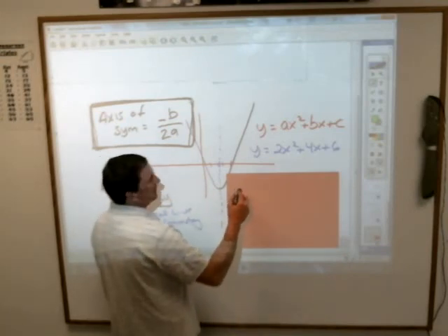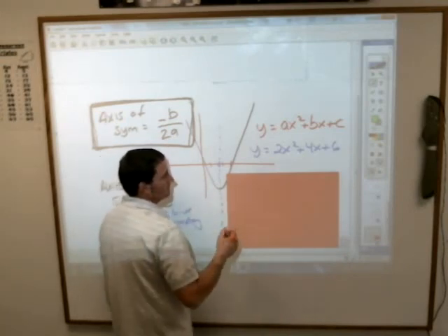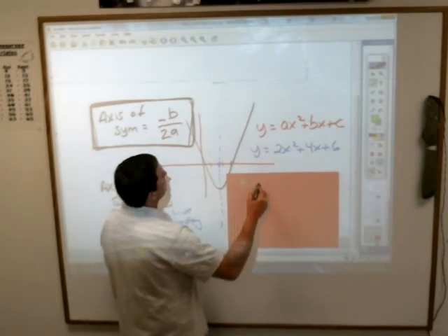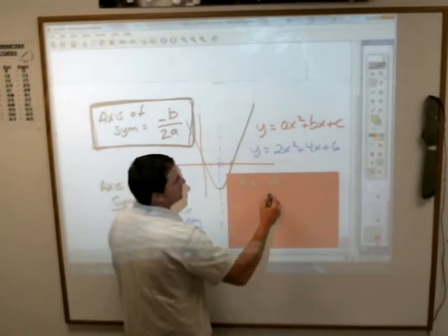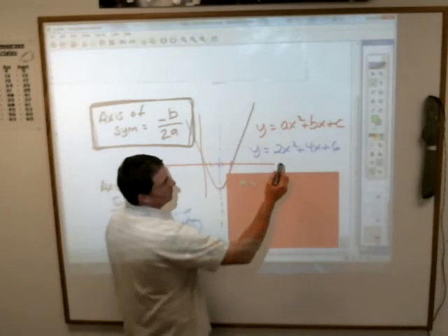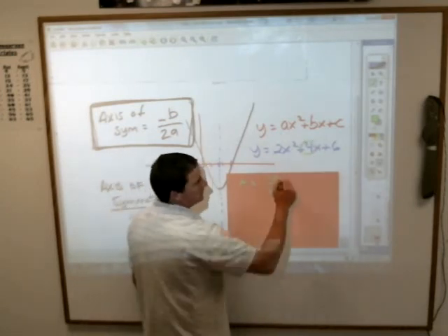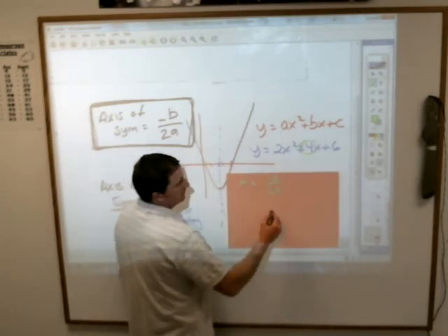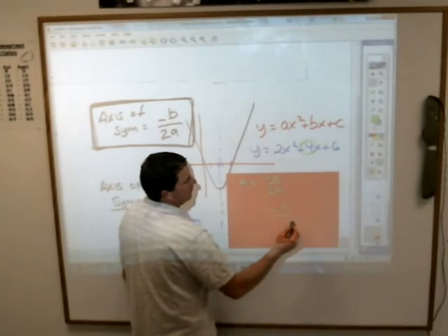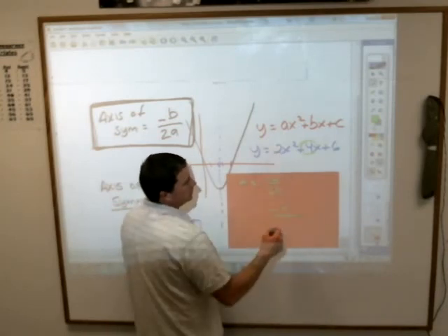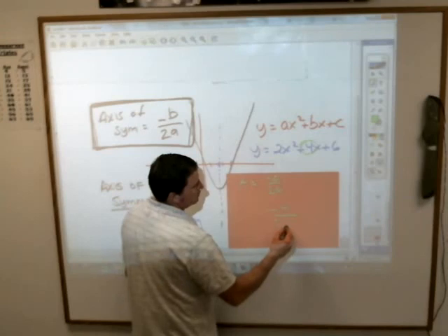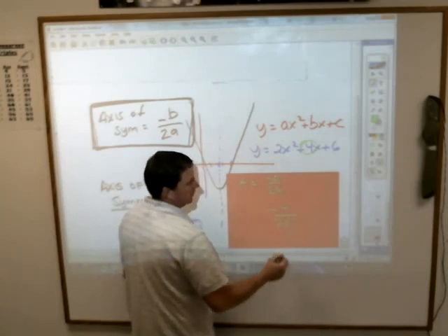So you do it. The axis of symmetry equals negative b over 2a. So b is right here. B is that 4. So you put negative 4 over 2 times a, which is 4.